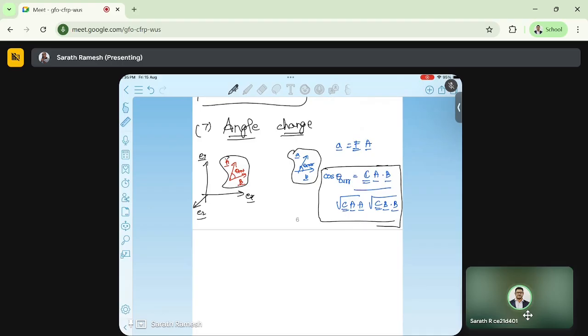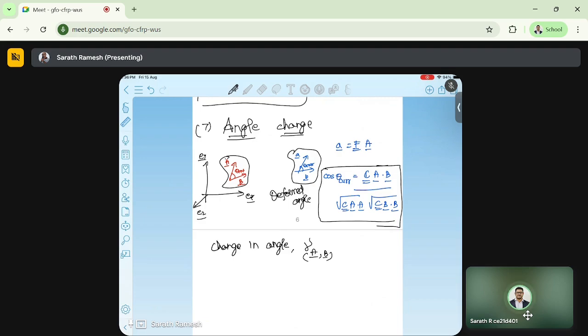And how about the angle change? Theta current is the deformed angle. Now, if I want to find the change in angle, which is theta current minus theta ref, we say gamma between A and B. A and B are two lines.